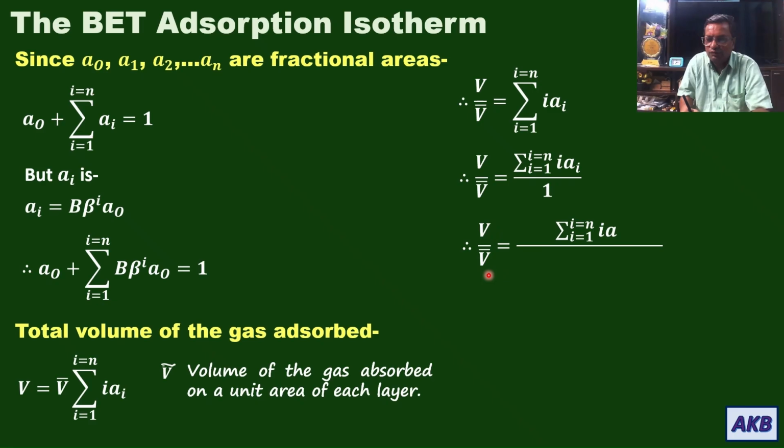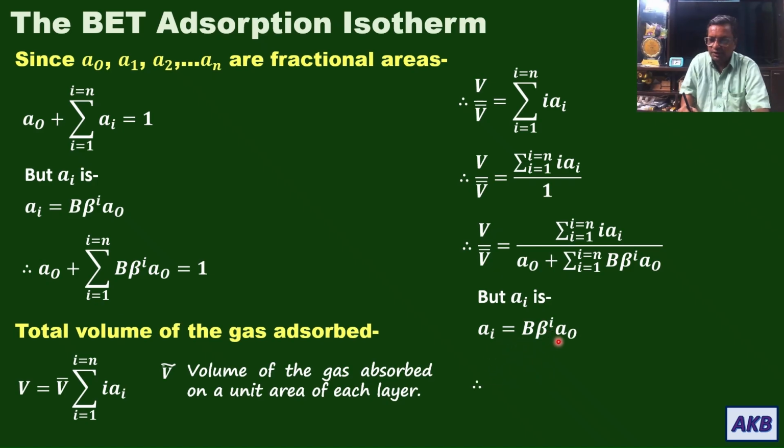So that is V upon V bar is equal to summation of I into AI where I goes from 1 to N divided by A naught plus summation of B into beta raised to I into A naught where I goes from 1 to N. But for AI, we have the equation that we have obtained, and we are going to use that over here. AI is B into beta raised to I into A naught.